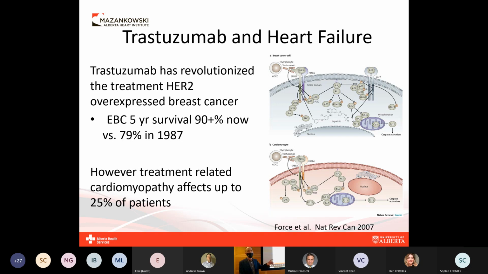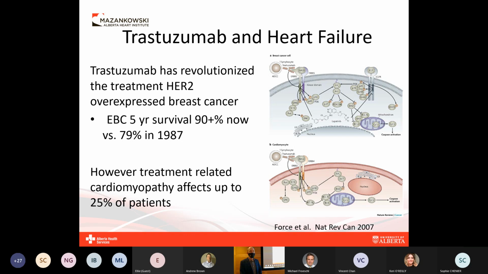Patients overexpressing this receptor in their breast cancer have a higher potential for adverse prognosis and metastatic disease. So they developed a monoclonal antibody to treat this, Trastuzumab, and that's markedly improved breast cancer survival for these patients.